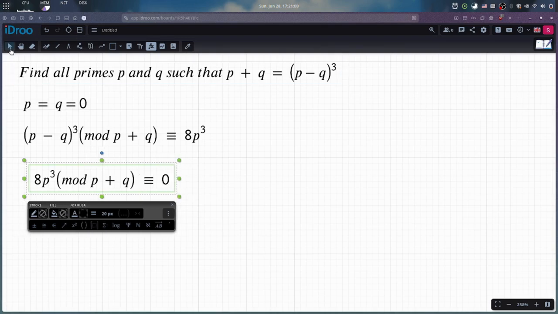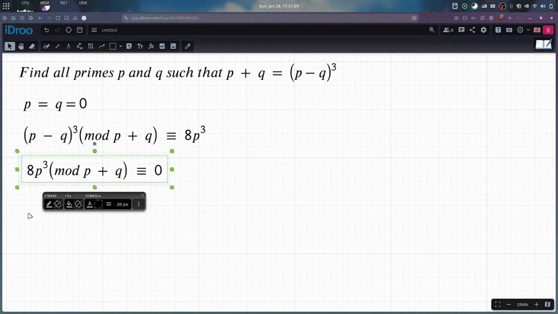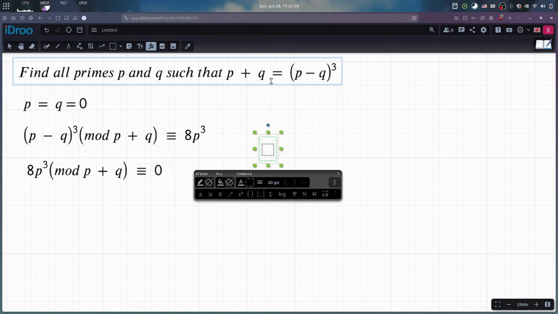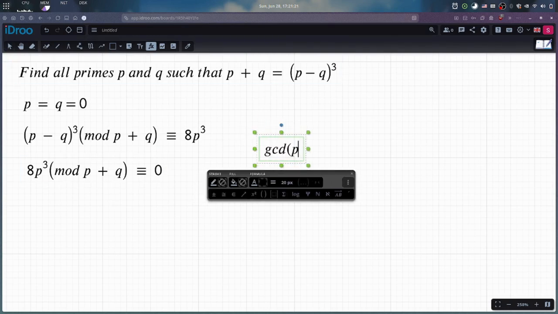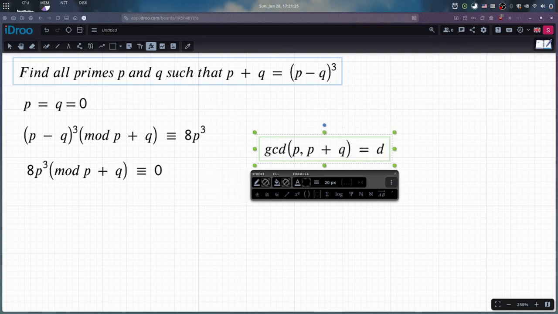It makes sense. Now, I want you to notice our initial statement that p and q were coprime. Now, you also have to notice that p and p plus q are coprime, because let's consider the case when they're not. So GCD of p and p plus q must be some d.